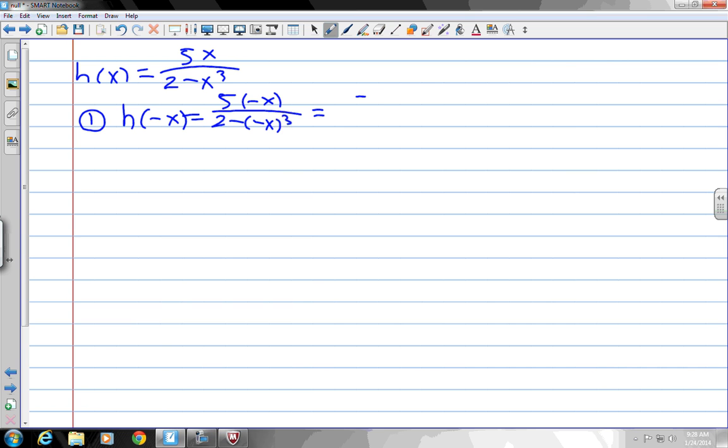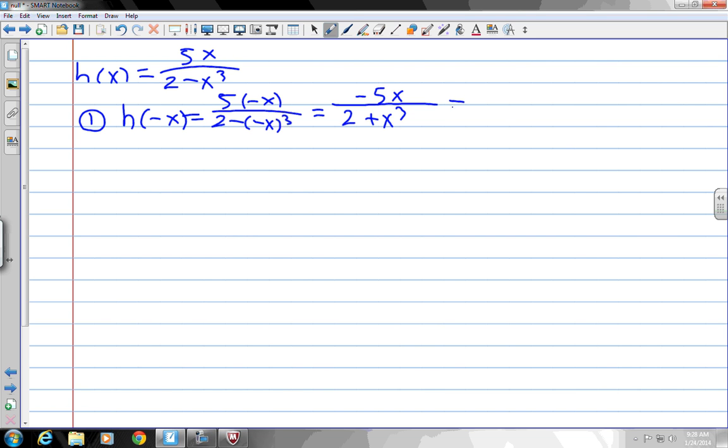So this is negative 5x over 2 plus x cubed. Well, is that the same as the original? Or is it the same as the negative of the original?